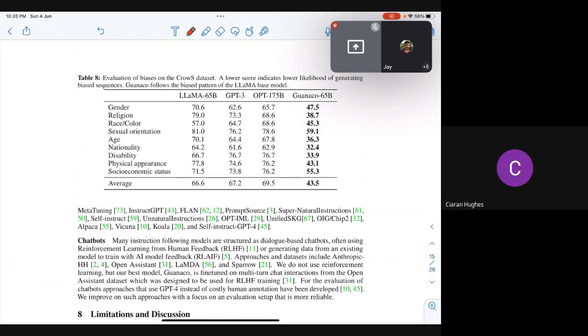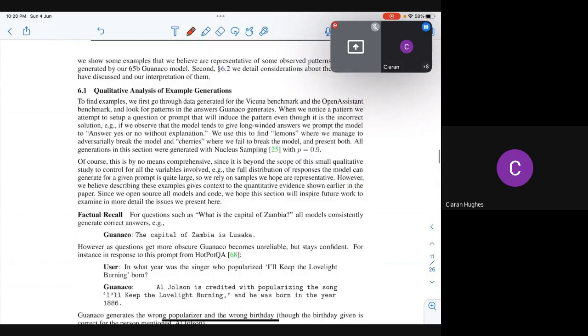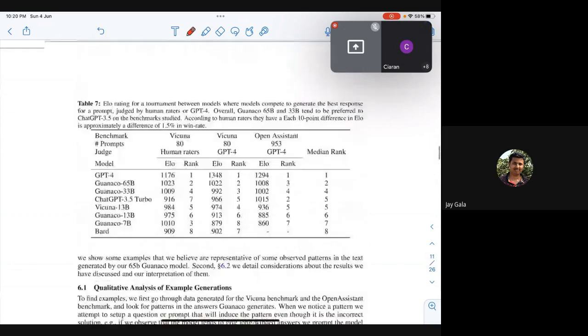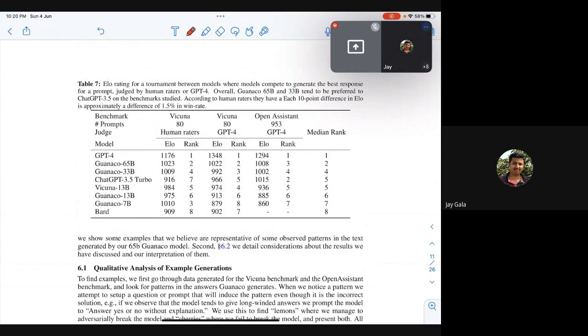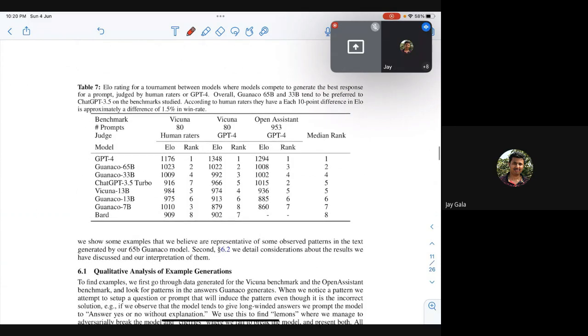Maybe just one. How do they use GPT-4 to evaluate? Are these scores just public, or what's that process? You mean how they use GPT-4 as a judge? Yes. Okay, so Elo is a ranking between model A and model B, where you basically want to know which model has better output.